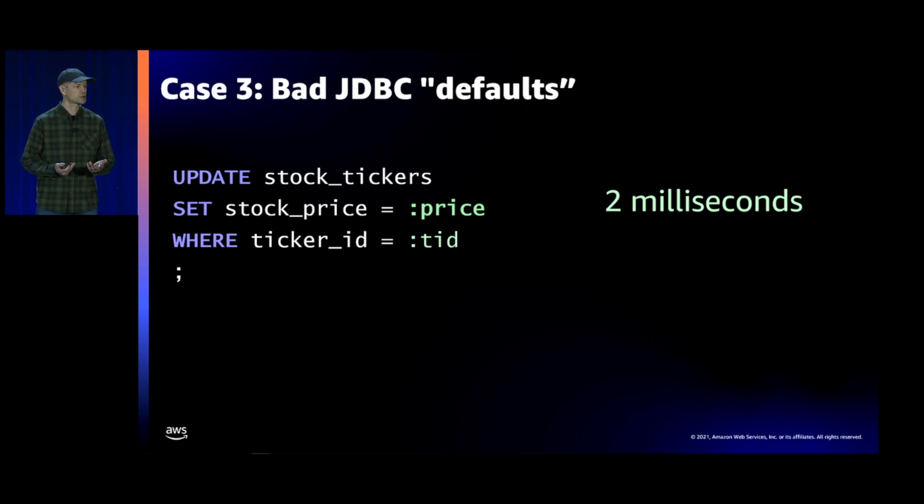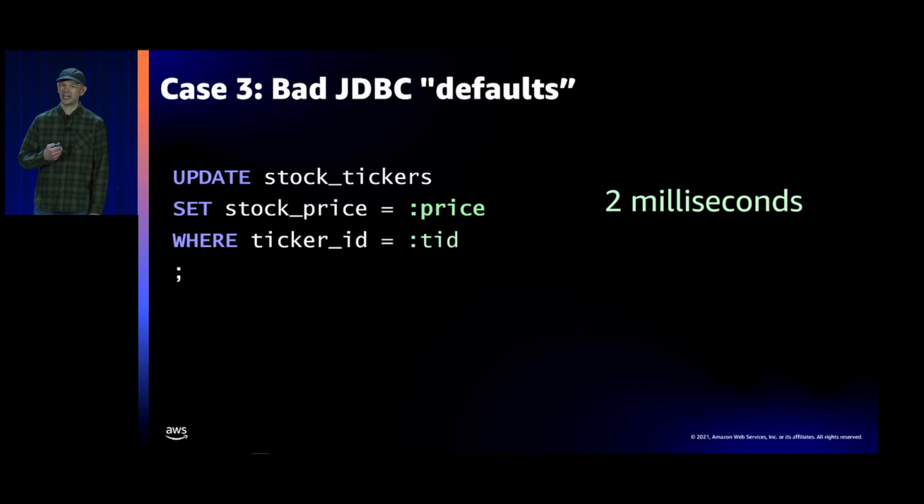Online trading systems, for example, are like that. Right now, let's look at the query that such a system can run to update a stock ticker price. These queries run very frequently, and on average, they are expected to take 2 milliseconds or less.